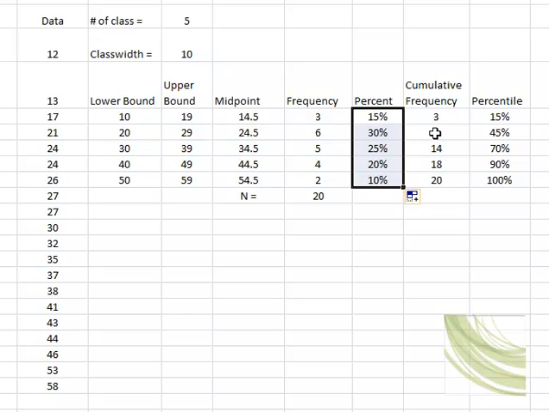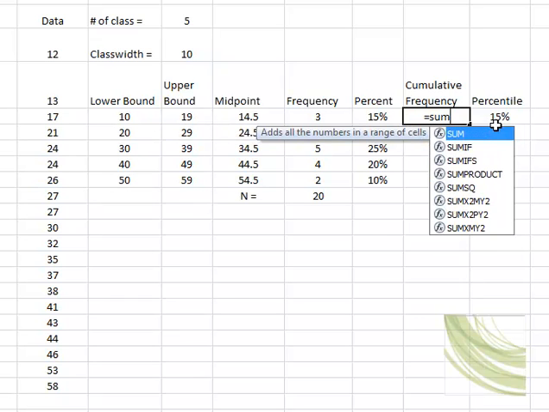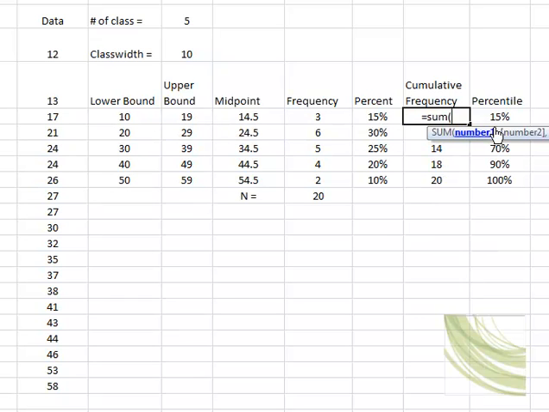Now cumulative frequency. For cumulative frequency, the first class is 3, the second class is 3 plus 6. So now we can use the function SUM. This is a very tricky function. Sum of H5 to H5.